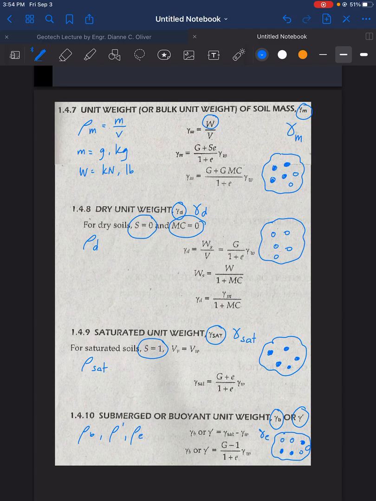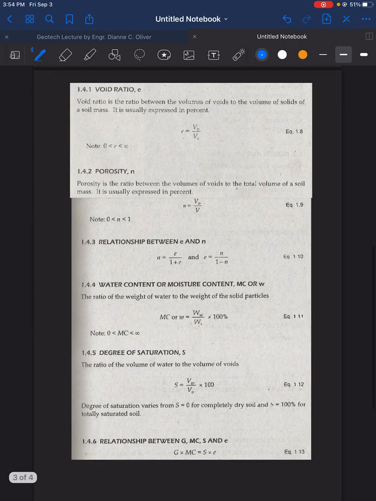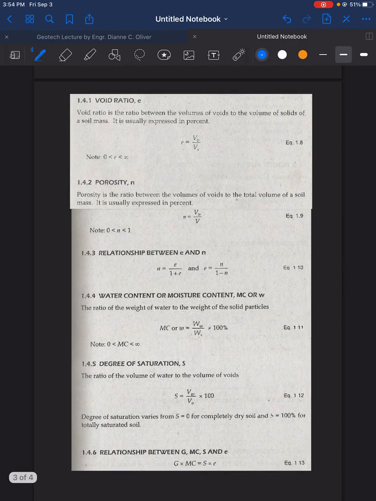Okay. Next one is the differences between void ratio, porosity, the water content, and the degree of saturation. These four you will also encounter all throughout the subject.